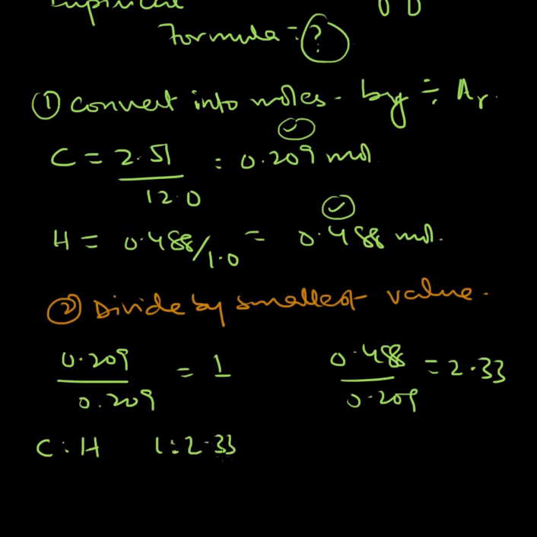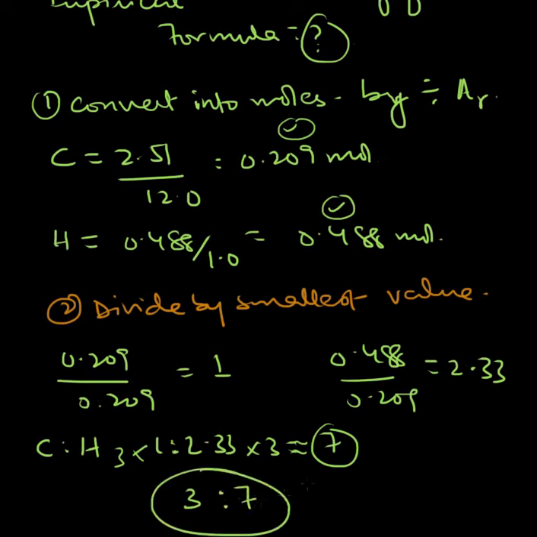Now if we look at it, what is 2.33? How can this be converted into a whole number? If I multiply both by 3, because 2.33 multiplied by 3 would give me an approximate value of 7, right? So I am multiplying both by 3, so it becomes 3:7.